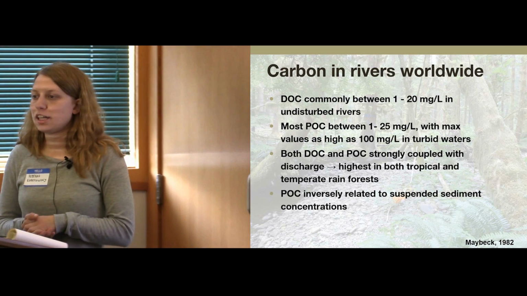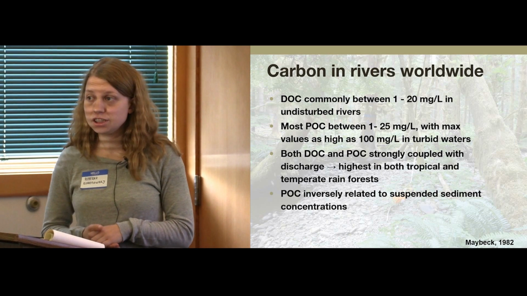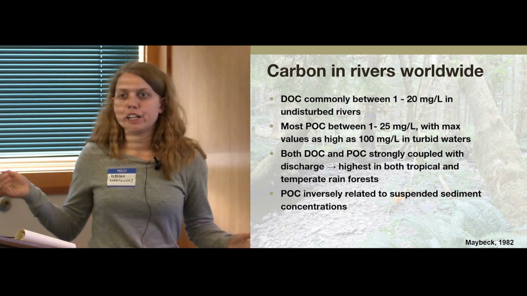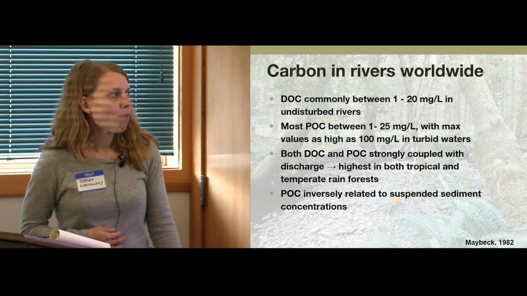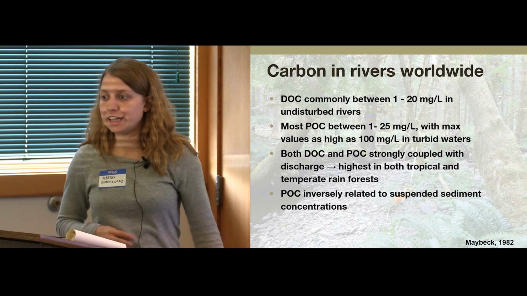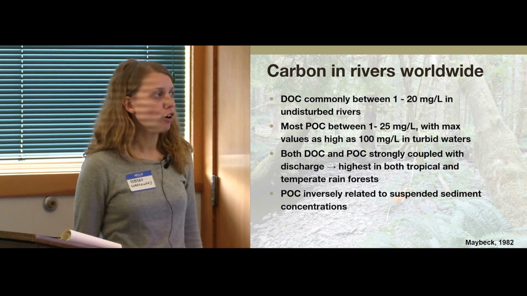Both DOC and particulate, so dissolved and particulates, are strongly coupled with discharge. And so a higher discharge flushes more carbon into the stream. And they're also very high in temperate and tropical rainforests because of the high rainfall.